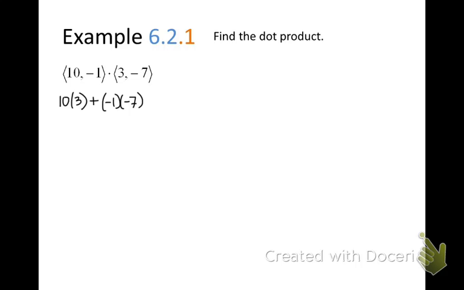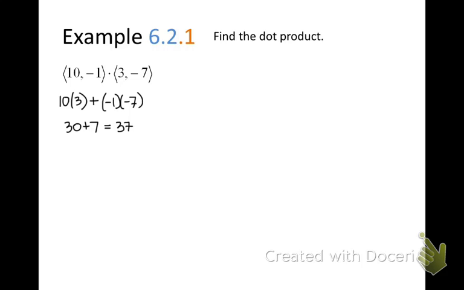Now as you get comfortable with this, you can go straight to saying 30 plus 7, but I do need to at least see those two numbers. I know that you can do it in your head and go straight to the number, but I want to make sure that I see how you're getting there. So at least show me this step, and then you can say that that is 37. Easy enough?